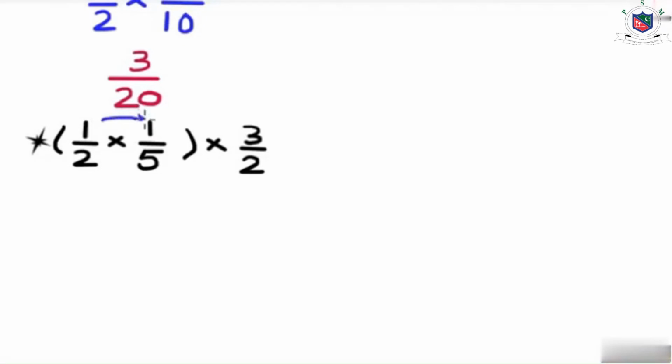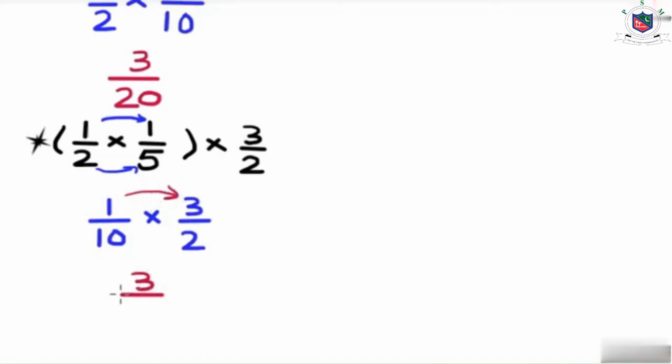So according to the rule, first we have to solve the fractions in the brackets. So 1 multiplied by 1 is 1 and 2 multiplied by 5 is 10. The second fraction we have to write in the same way, 3 upon 2.